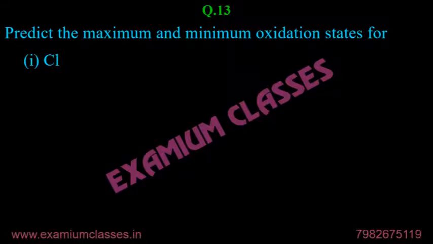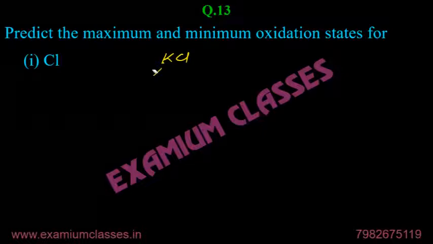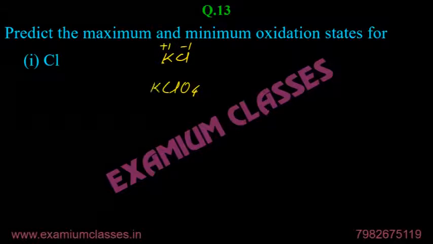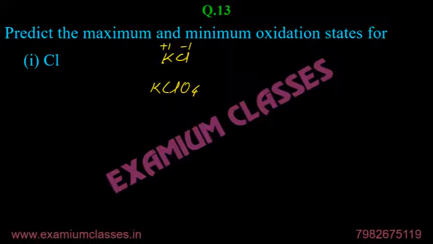Now remember, we talked about KCl. Potassium is group one element, always has plus one oxidation, and chlorine will have minus. But we also talked about ClO4 minus, for example, KClO4. In KClO4, chlorine, if it is X, it will be plus 1 plus 4 times minus 2, X equals to 7.